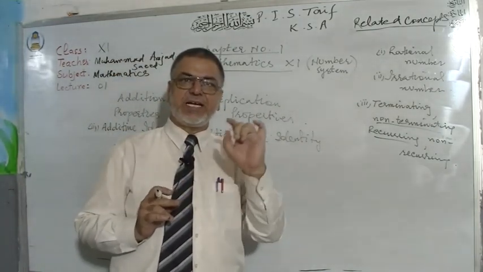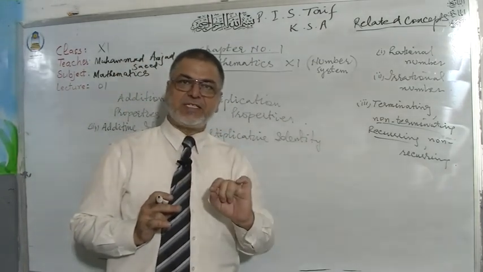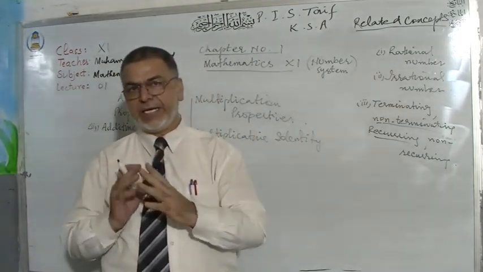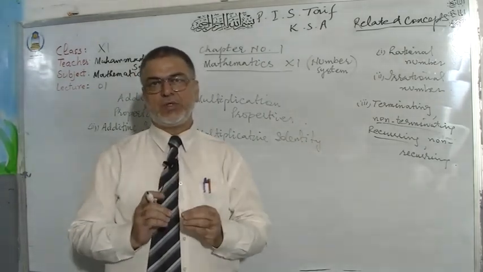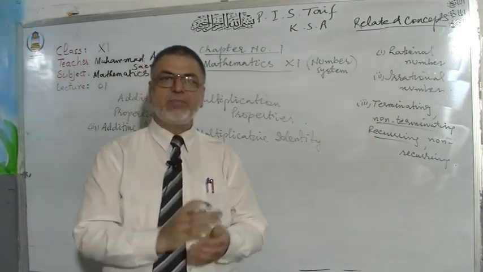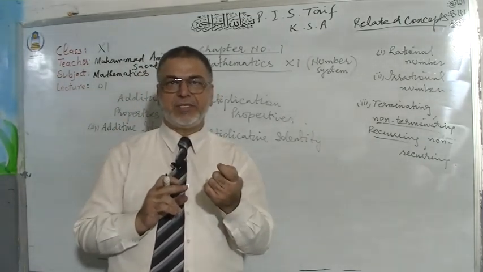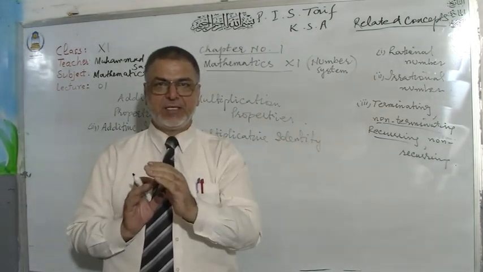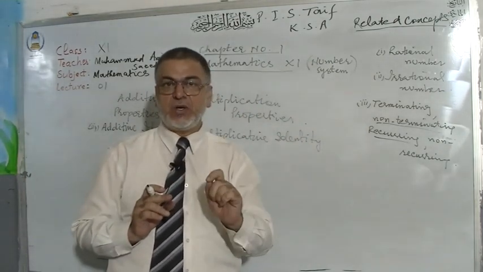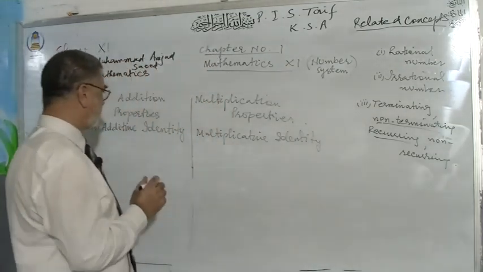A number which is added to B, you will get B again. A number which is added to C, you will get C again. That is known as additive identity. And you must understand that when 0 is added to any number, you will get the number again. So that's why 0 is the additive identity in real numbers.